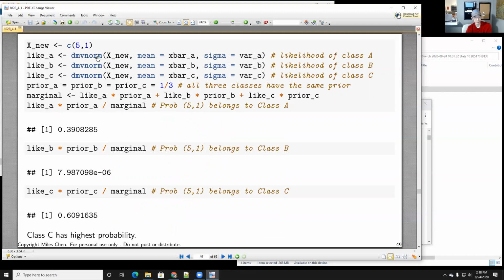The likelihood is found using the multivariate normal density. And we get around 39% A and about 61% C, okay? So it's a lot closer to being fairly even here, okay? Whereas the probability that it's class B is still pretty close to 0, okay?